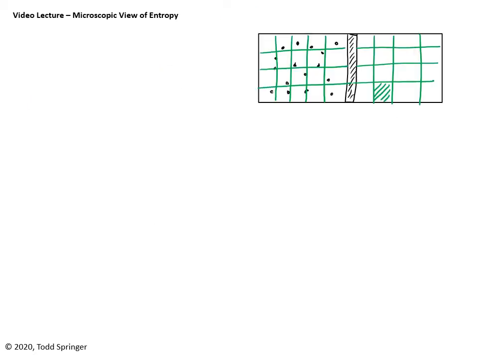Okay, so we've started trying to think about the number of ways that I can arrange gas molecules into a box with volume V. So V is the total volume. And the way I got to it was I said, let's divide it into a bunch of small pieces which have the volume V box. And then we tried to count up all the ways that I could arrange the molecules.